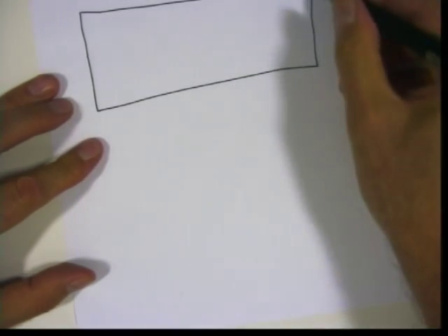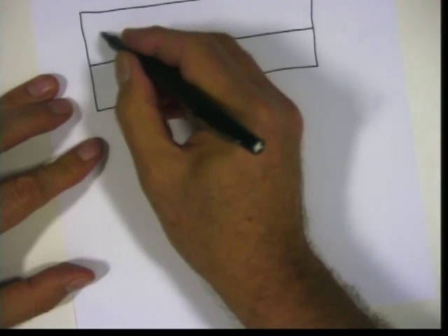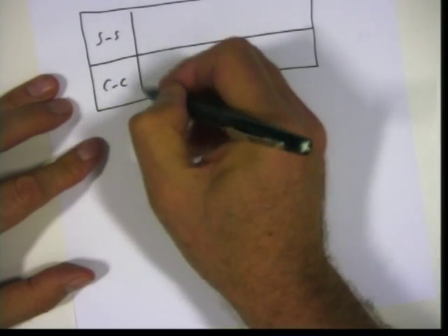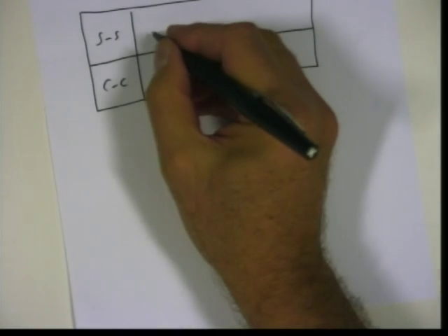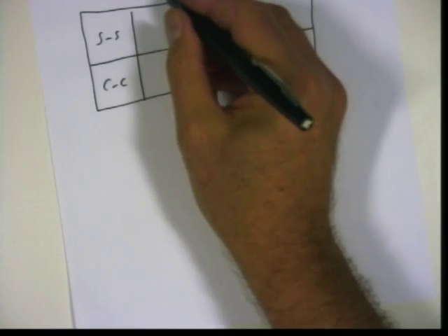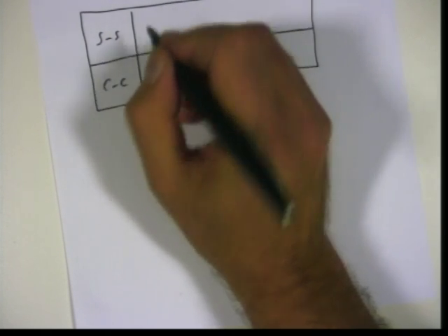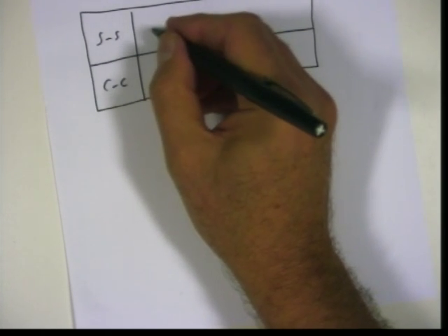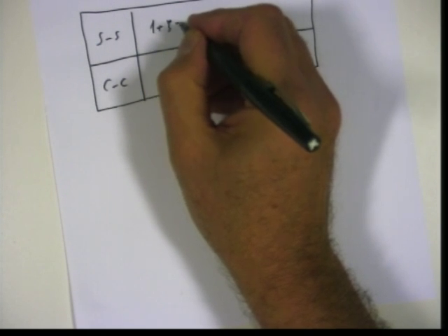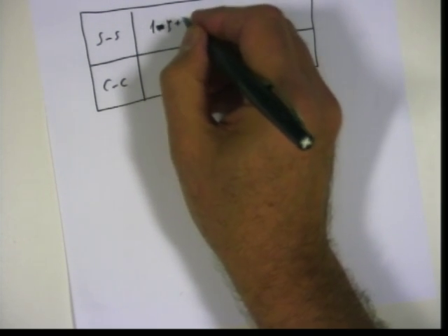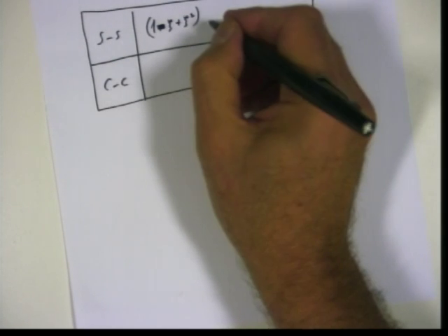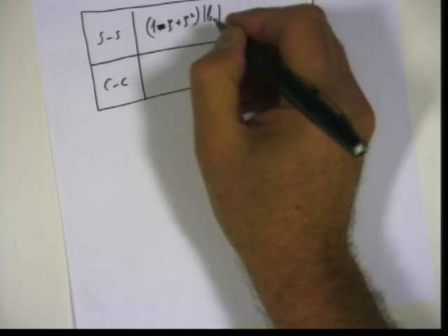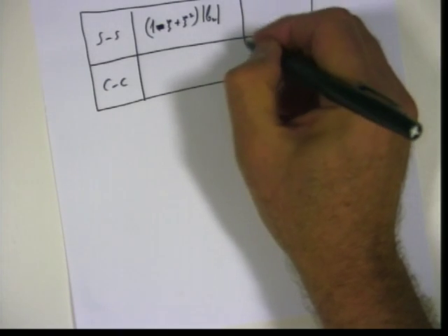So let us see this. Let us put this in. So simply supported, clamped. So we have here D of xi equals 1 plus xi minus xi squared, times B2. That is in the simply supported case.